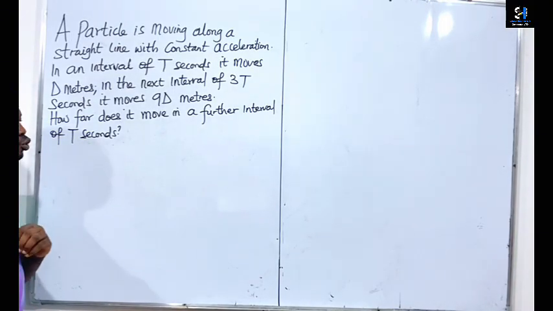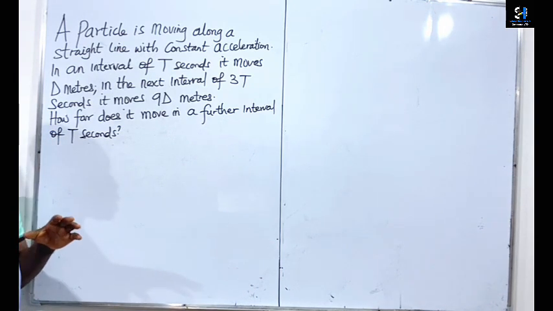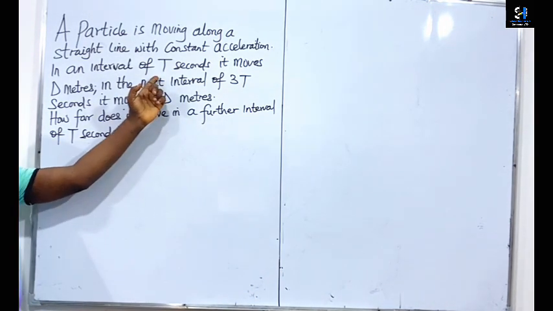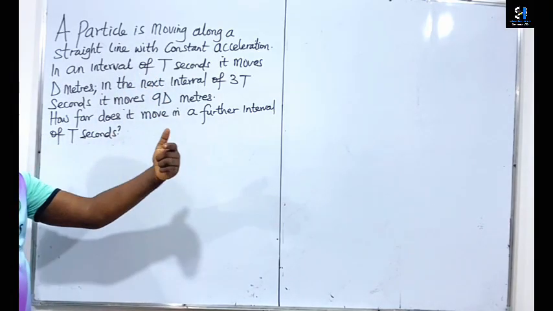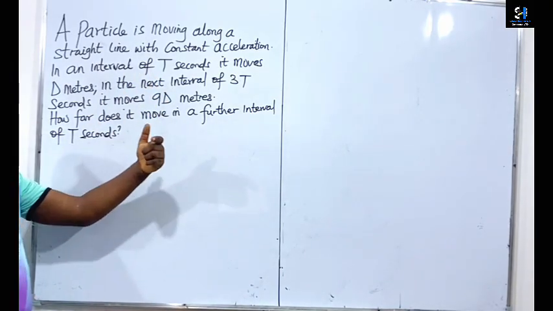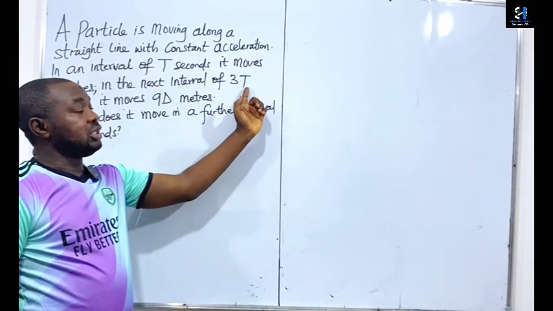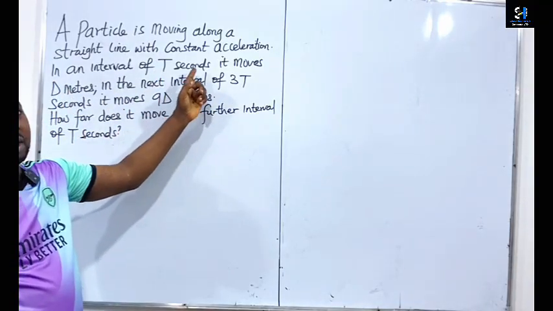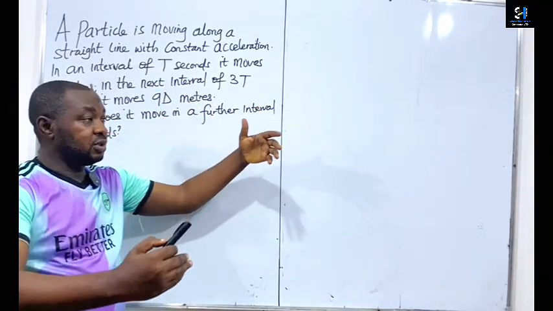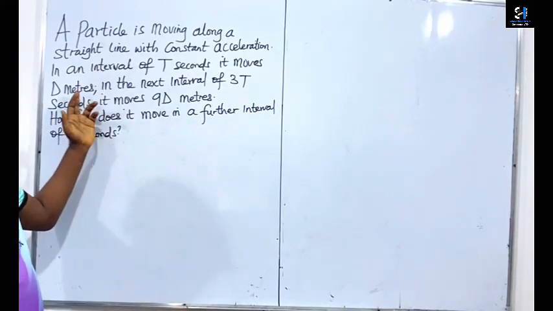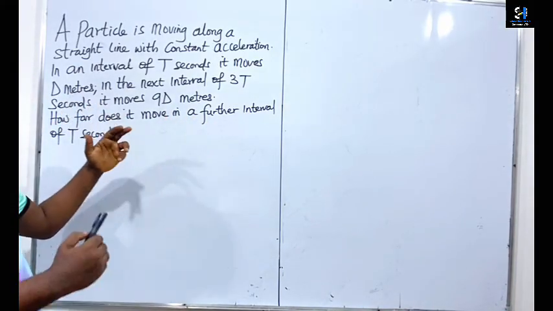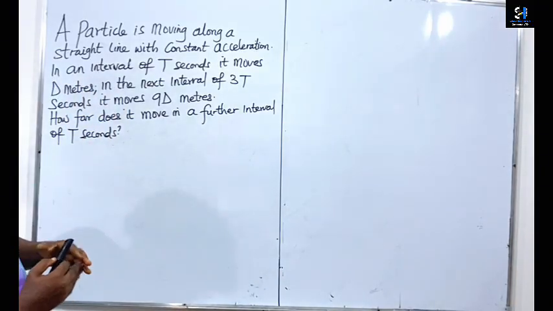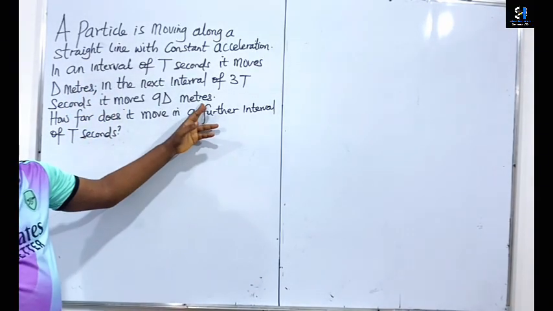So the first thing I will do is set up the distance equation during the first interval of t seconds, and also the equation for the next interval of 3t seconds. For the first interval of t seconds, the particle moves a distance of d meters. Then in the next interval of 3t seconds, the particle moves a distance of 9d meters.